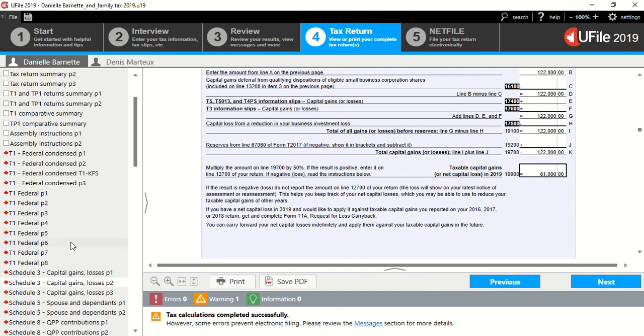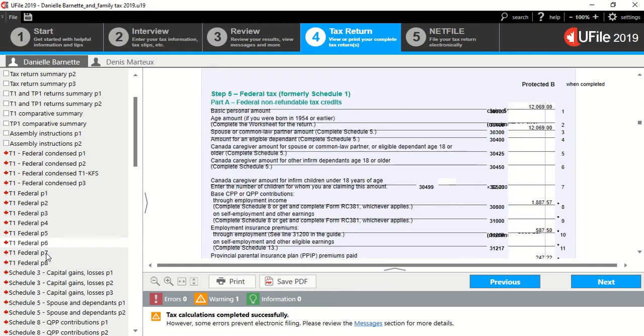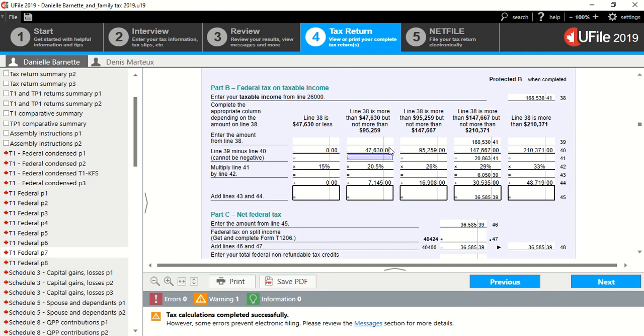Now, the issue that people have with depreciation, of course, is this: this person had $47,000 of employment income. If she didn't claim depreciation every other year, she would have been in this tax bracket.